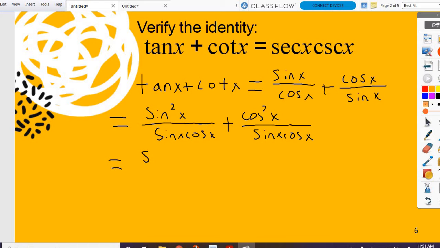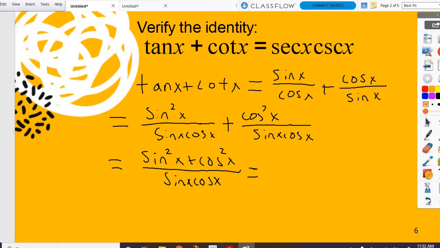Then notice we can combine those. What do we notice about our numerator? It's one of our Pythagorean identities. It is. Anytime I have something that's squared, I'm going to try and see if I can use my Pythagorean identities. In this case we can, because what is sine squared plus cosine squared equal? 1.